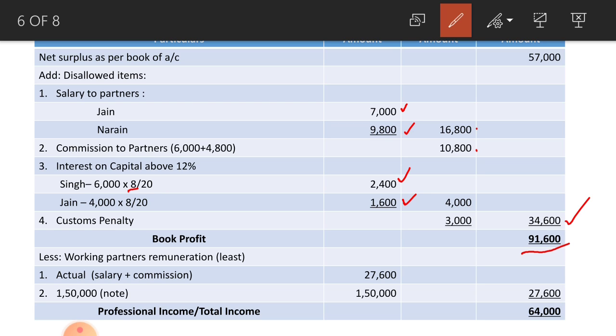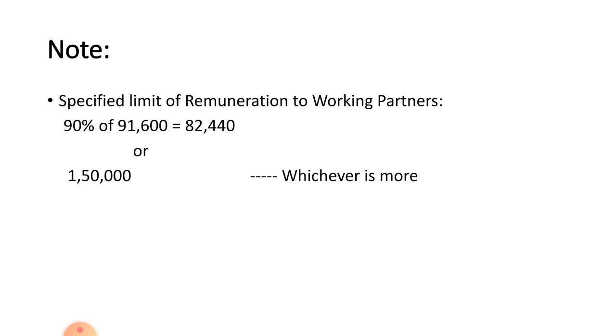Or when net surplus is given, as you learned already, on first 3 lakh, 90% of book profit, and on remaining balance 60%. That is, see the note, specified limit of remuneration to working partners: 90% of first 3 lakh. Here book profit is below 3 lakh.